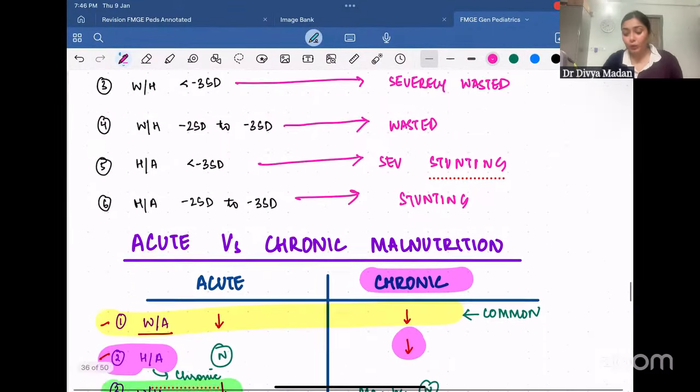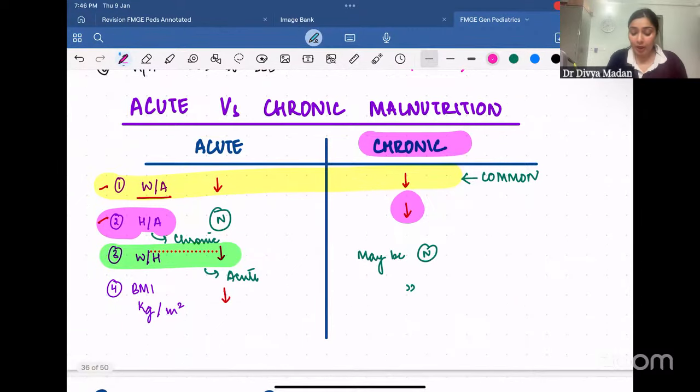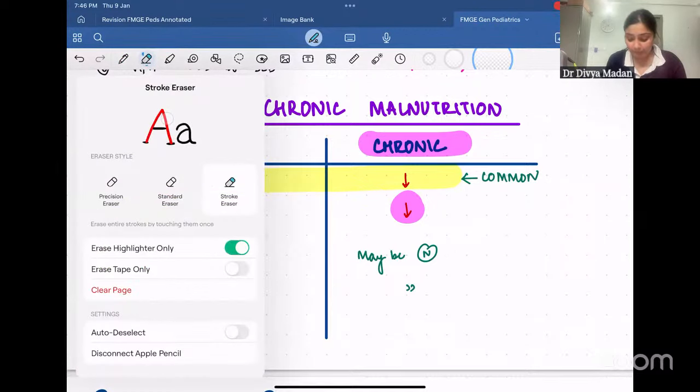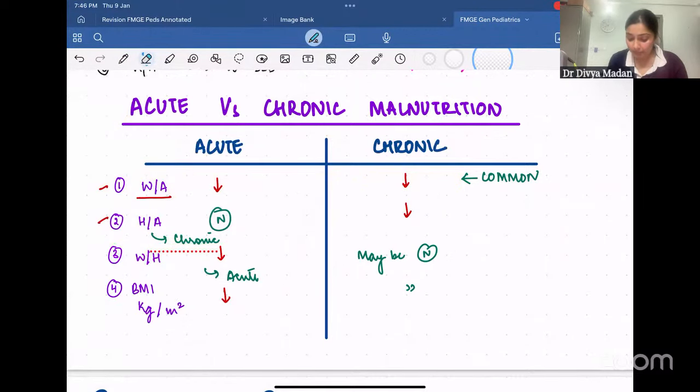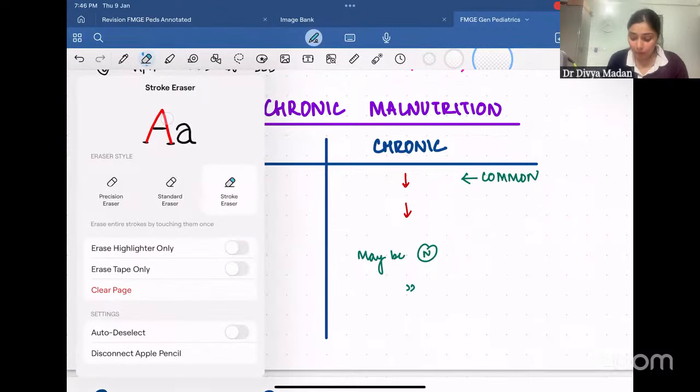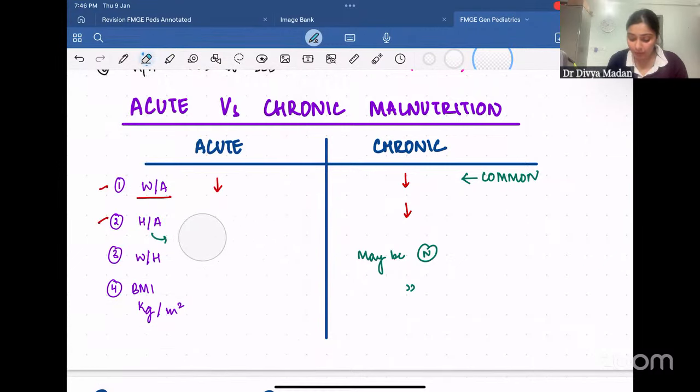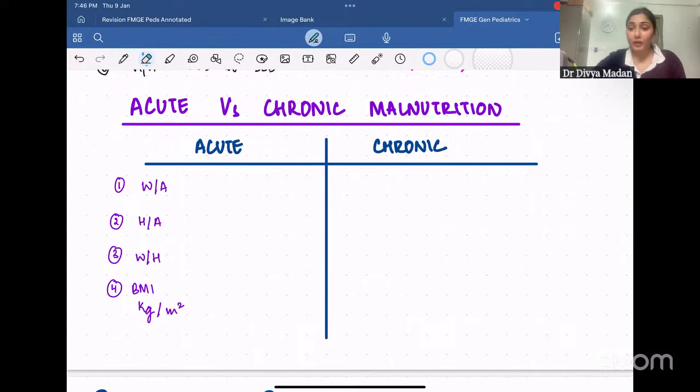Okay, now let's move down to yet another important table differentiating acute versus chronic malnutrition. So what is acute malnutrition and what is chronic malnutrition? When we joined MBBS, most of us were coming out from a very safe, secured environment into a hostel place where we used to have mess food, very less in nutritional value.